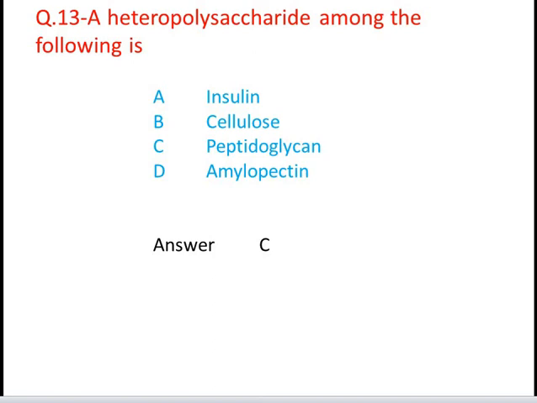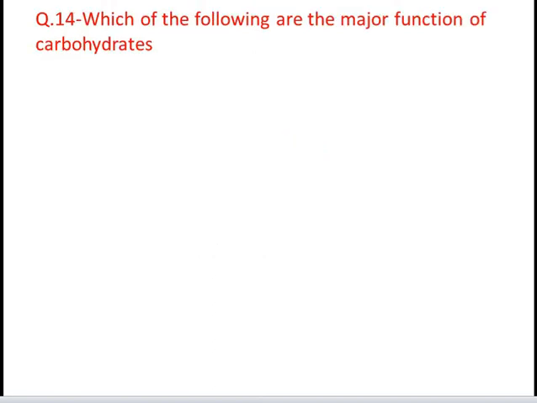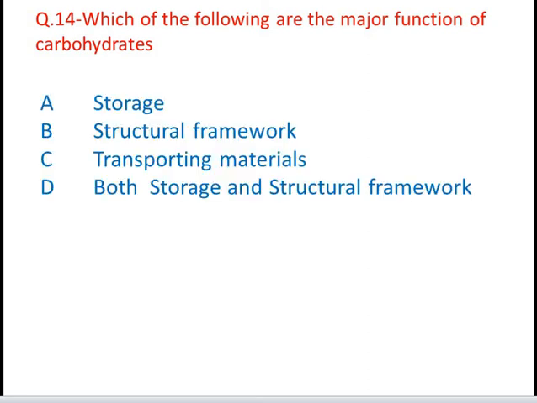The next question is, which of the following are the major functions of carbohydrates? These are the four options: A. Storage, B. Structural framework, C. Transporting materials, D. Both storage and structural framework. Yes, the correct answer is D, both storage and structural framework.